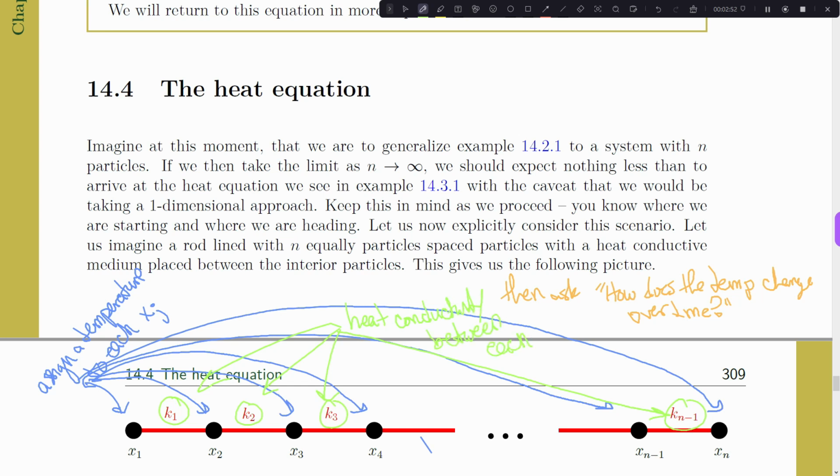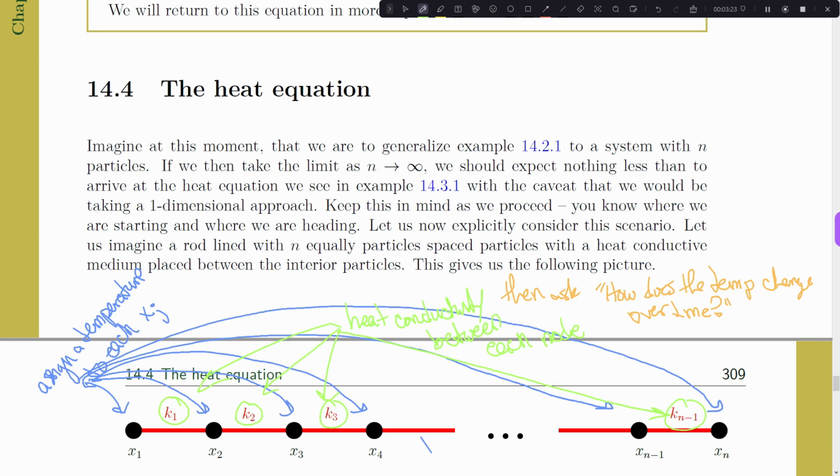If I have a total amount of temperature in my buckets of water, then as time proceeds to infinity, as long as each k is non-zero and I can conduct some heat, eventually I'll end up at equilibrium. But we care about the change at some finite time that's not equilibrium. So suppose I set this experiment up and waited 10 seconds, how would the heat have changed in 10 seconds?